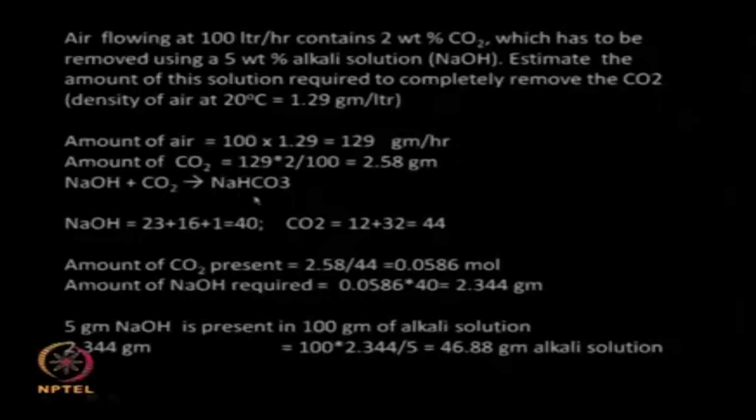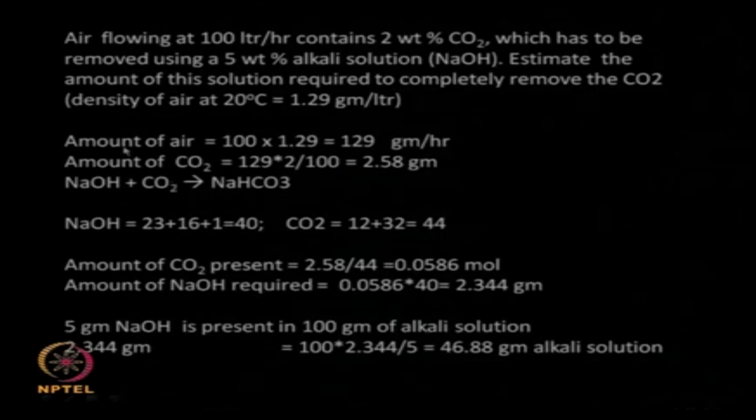So carbon dioxide will quickly go into solution but will not react, and there is going to be a build up of carbon dioxide inside the liquid phase. Both situations can happen in a non ideal condition, but here we are assuming an ideal situation, where as soon as the carbon dioxide comes in contact with the alkali, it quickly reacts and forms sodium bicarbonate.